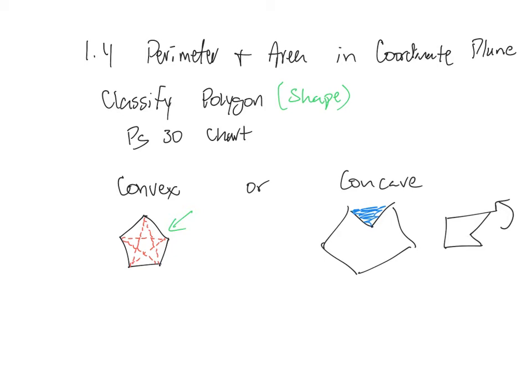But on this one, if I connected the corners, it goes on the outside. So the book talks about lines crossing on the inside or the outside. You'll have a couple problems that say classify the polygon. You're going to use one of the words from the chart on page 30, triangle, quadrilateral, pentagon, hexagon, and so forth, and then convex or concave. Then we'll get into the perimeter and area stuff.